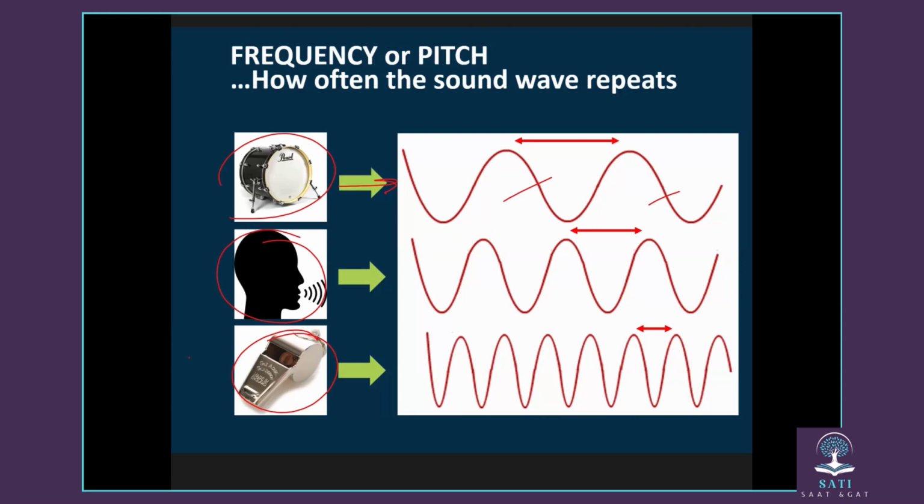That means this one is low frequency. What about the second one here? As you see, it's medium frequency. And what about the sound here, of a whistle? This is a sharp sound.